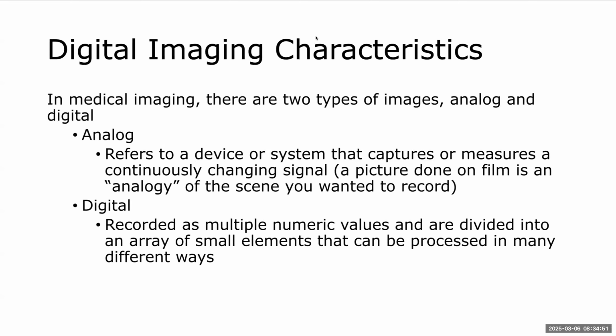So remember that when we talk about imaging, there's two types of images, analog and digital. Analog referring to a device or system that captures or measures a continuously changing signal. Digital is recorded as multiple numeric values and are divided into an array of small elements that can be processed in many different ways.